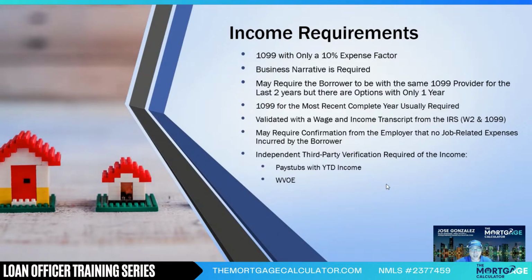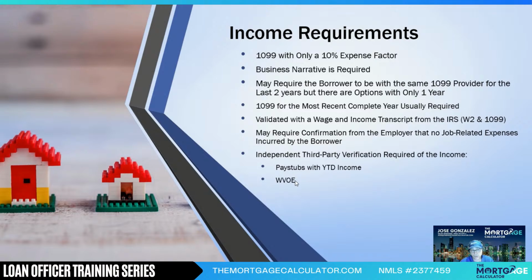So, income requirements, again, we're generalizing here, right? We're not going to go into each specific guideline, even though we are going to go into a guideline now to structure our deal. This is why I say that the 1099 loan can potentially be the easiest loan that you would do, because it basically states a 10% expense factor.